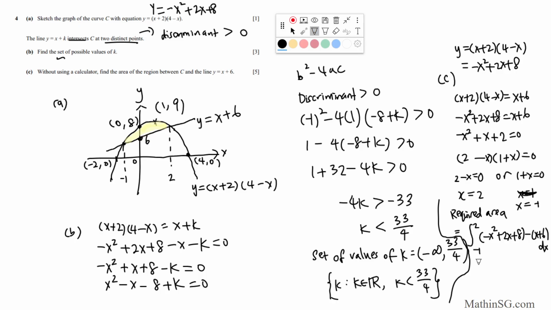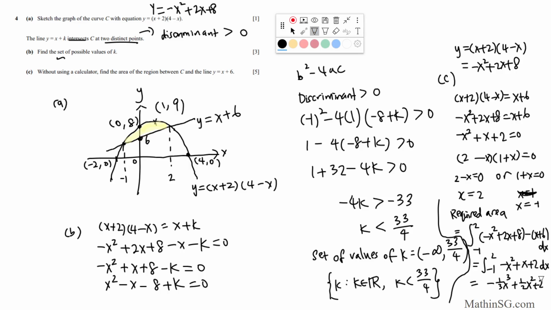Okay, so now that I've done this, before I integrate, let me simplify it. It's basically negative x squared plus x plus 2 dx. Integrating negative x squared will give me negative 1/3 x cubed. Integrating x will give me half x squared.